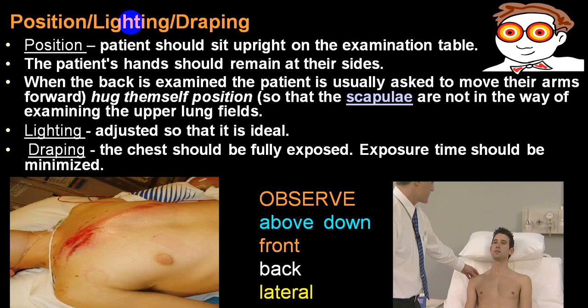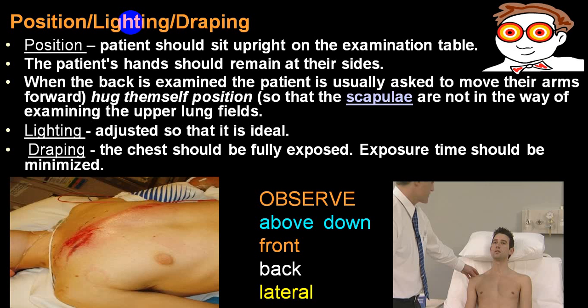Good number of times the person examines the patient, allowing the patient to sit upright on an examination table, and you examine anterior, axillary as well as posterior. But the best way of examining is in a supine posture.